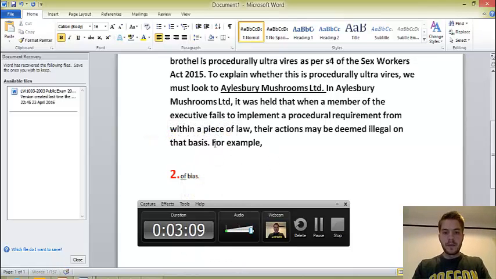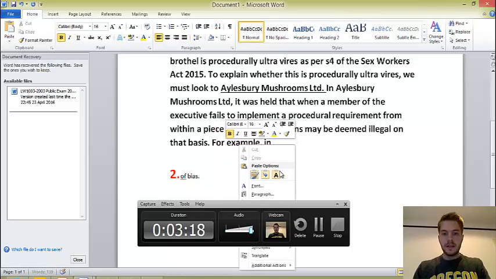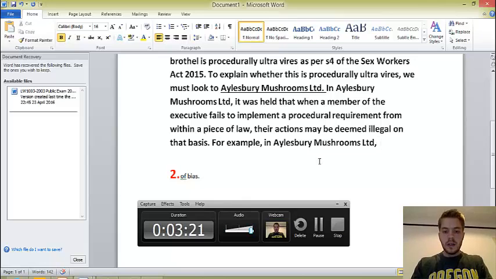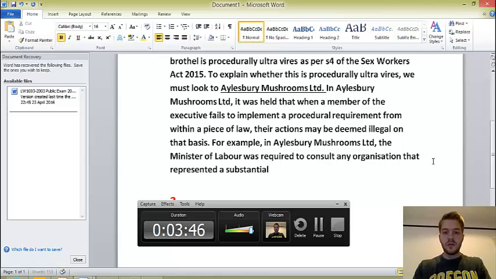For example, in Allsbury Mushroom Limited, the Minister of Labour was required to consult any representative organisation that represented a substantial number of mushroom growers.